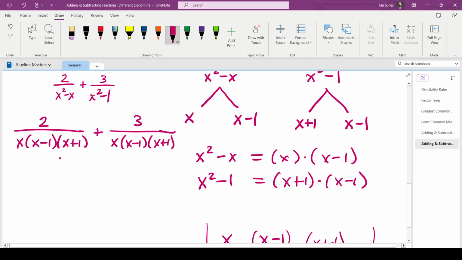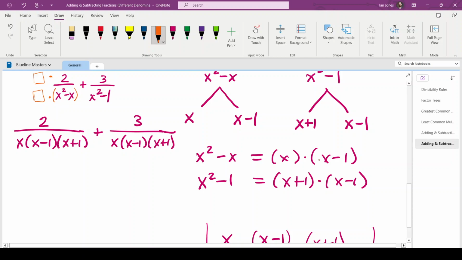All right. So now I need to think, what do I need to multiply the numerator and denominator by? And I need brackets. I've got to start being careful. What do I need to multiply the numerator and denominator by so that this one becomes this one here?